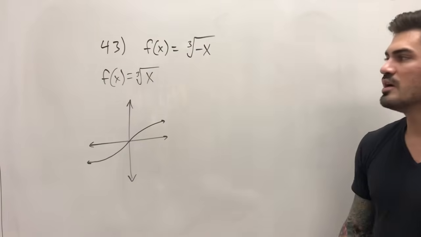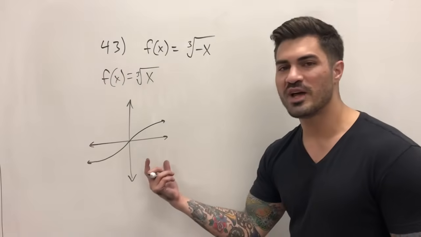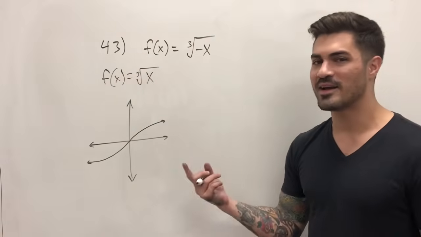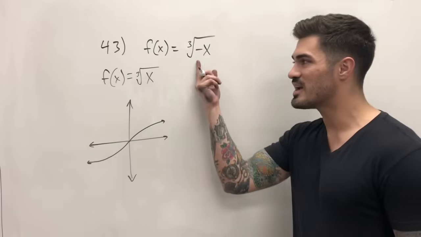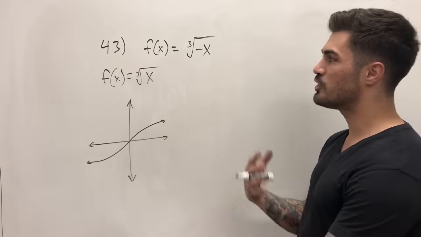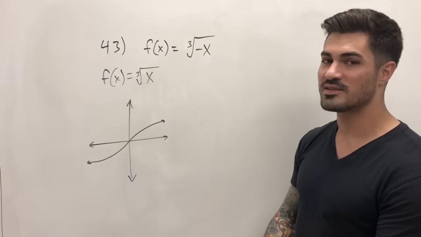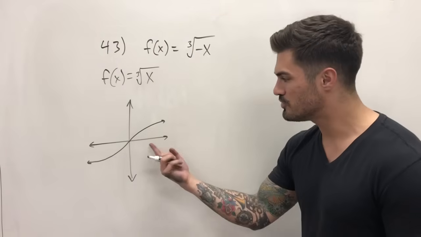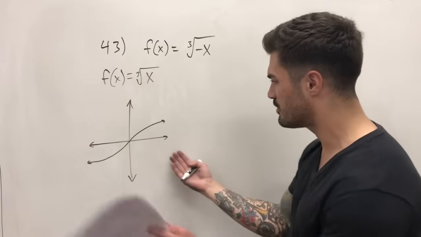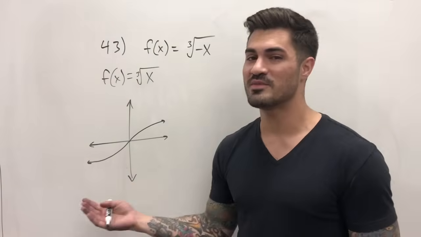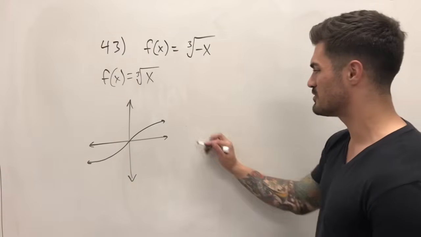That's how it looks. So imagine taking this and reflecting over the y-axis, right? Because we have the negative inside here affecting the x, we reflect over the y. If we had a negative out here, we would reflect over the x-axis, all right? Which in this case would actually both do the same thing, I believe. Reflecting up and reflecting over, yeah, they would both do the same thing. This is a pretty cool function because those both do the same thing.